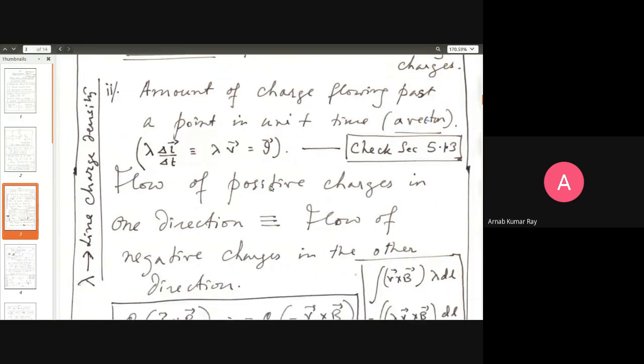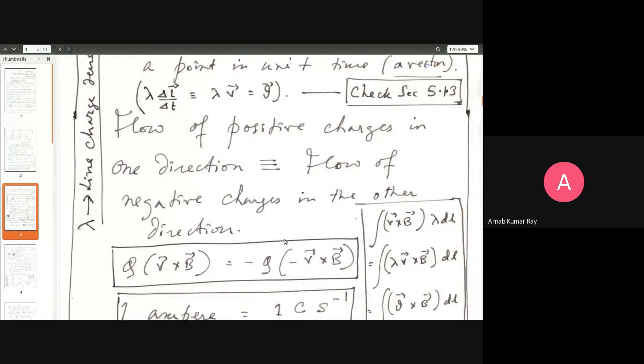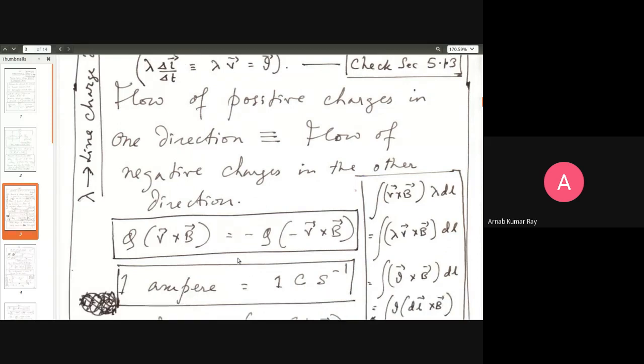Now I've mentioned another point over here. Flow of positive charges in one direction is equivalent to the flow of negative charges in the other direction. So that is another point you should consider. Here you can see for yourselves, the Lorentz force is defined as Q into V cross B. It will not at all incidentally change the Lorentz force behavior.